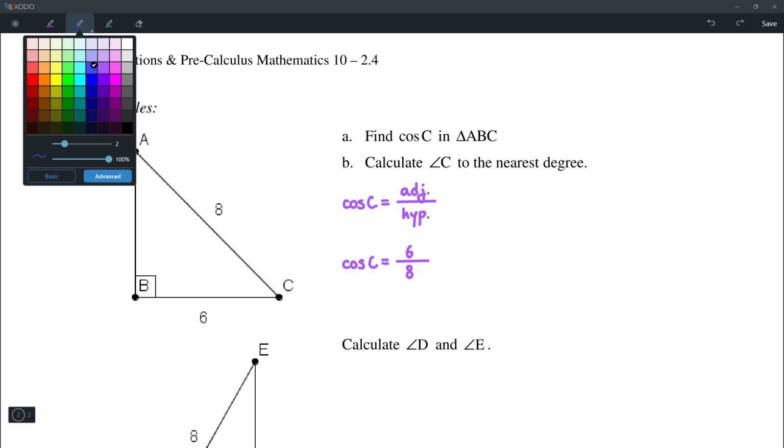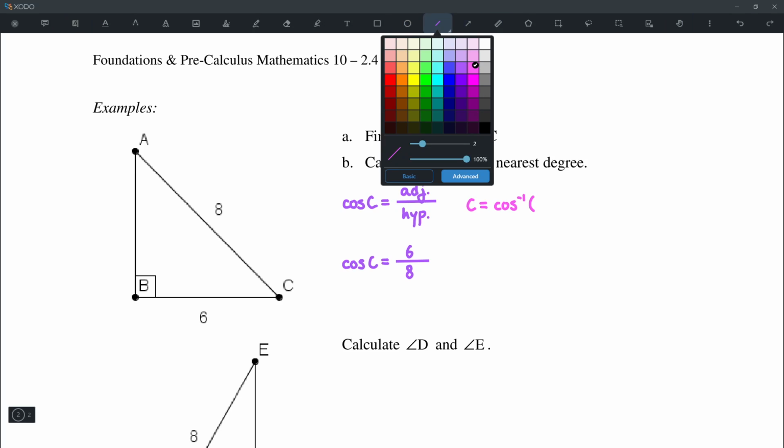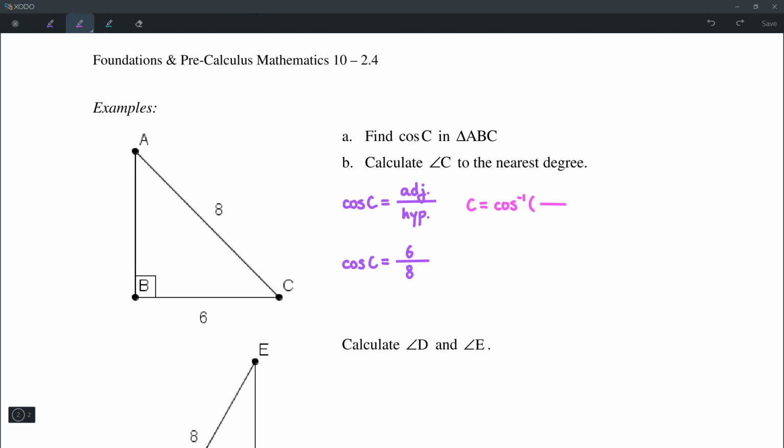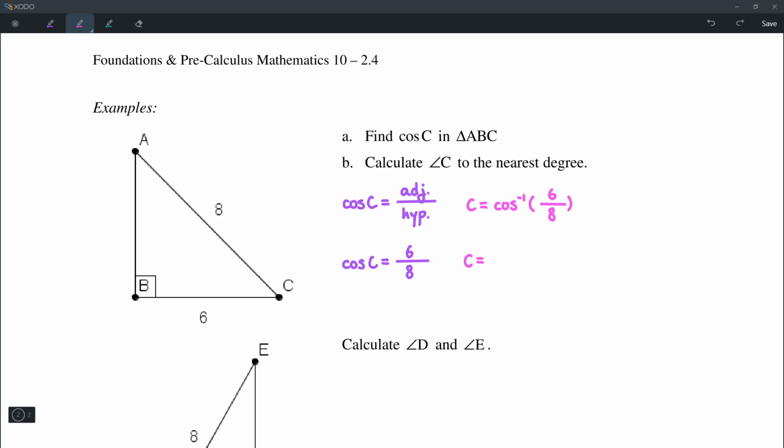We'll then use the inverse cosine function on our calculator to get C is equal to inverse cosine of 6 over 8. And once we evaluate this, we'll get angle C. So inverse cosine 6 divided by 8 gives us approximately 41 degrees.